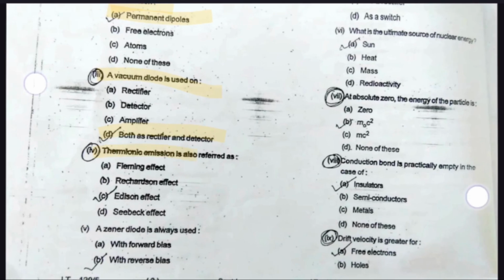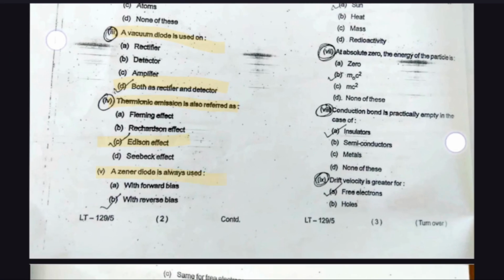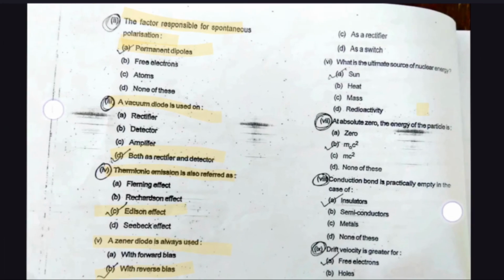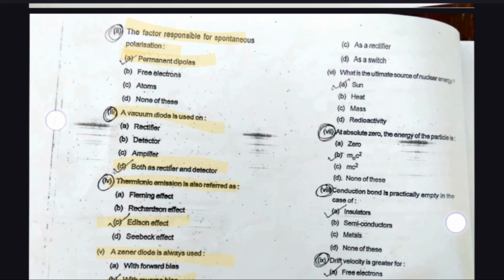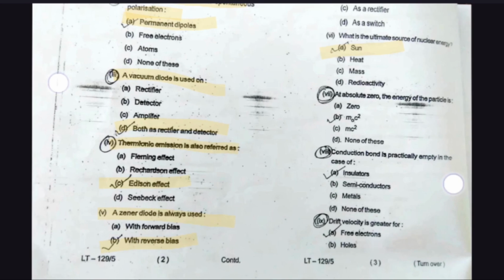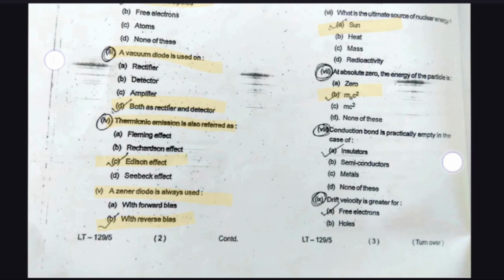Question number 4: the harmonic emission is also referred to as edison effect. A Zener diode is always used with reverse bias. What is the ultimate source of nuclear energy? Sun. At absolute zero, the energy of a particle is m0 c square.